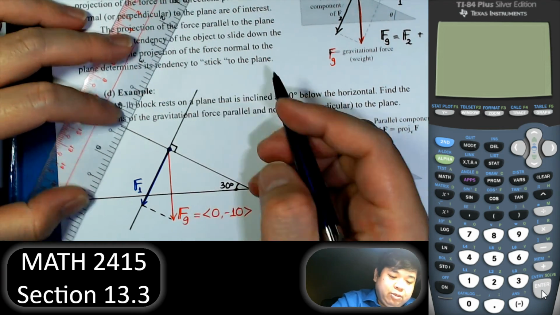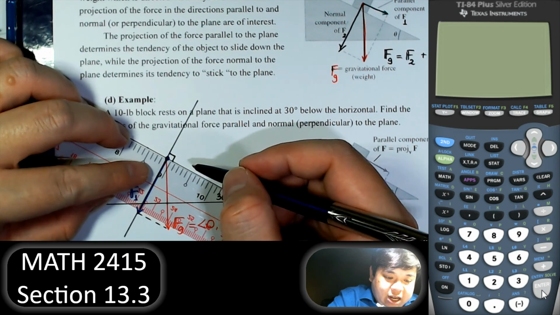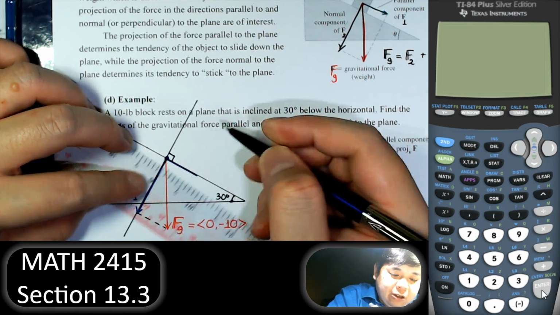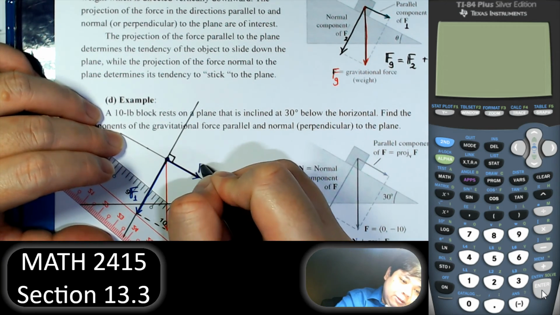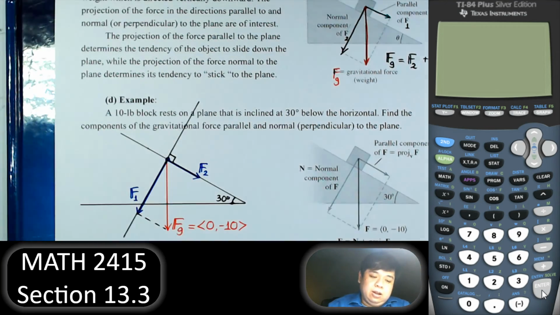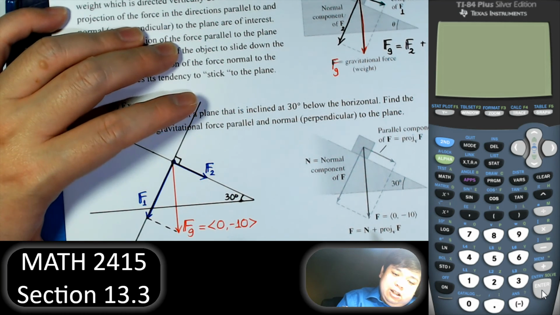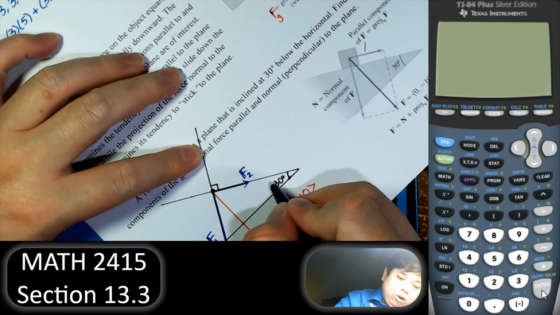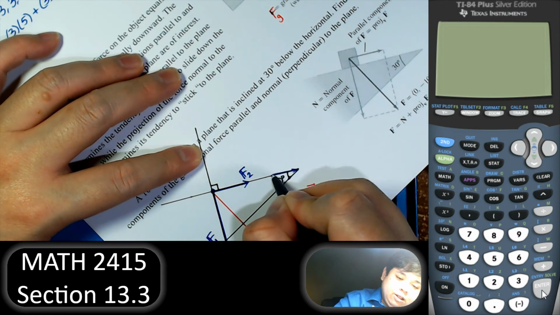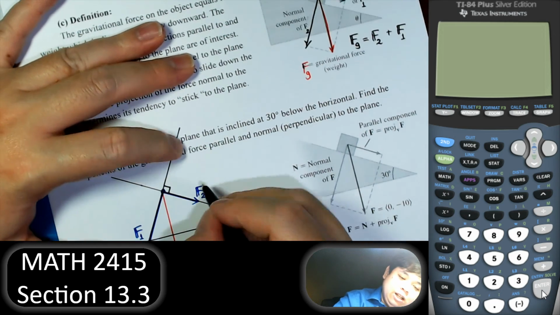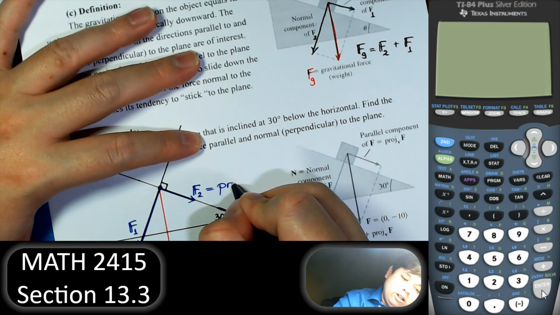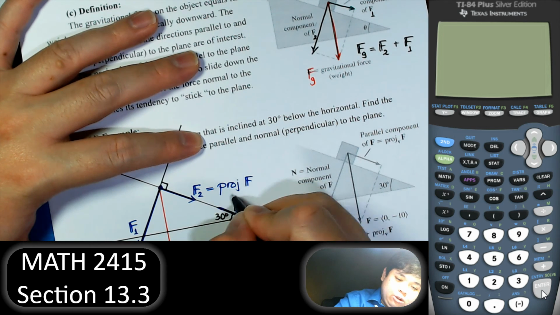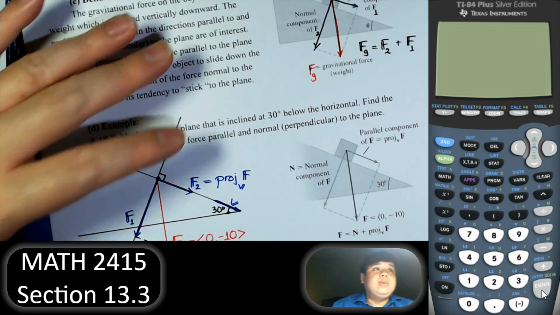Actually, it's not this one. The projection of F onto V is actually this one. If we call the plane vector V, then F2 is the projection of F onto V. Right.